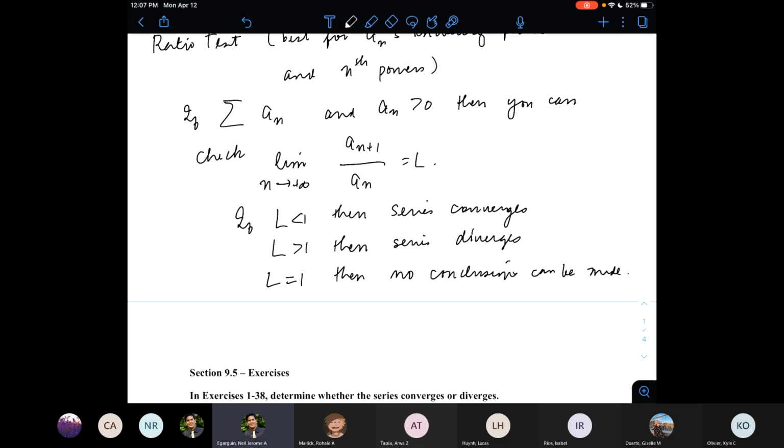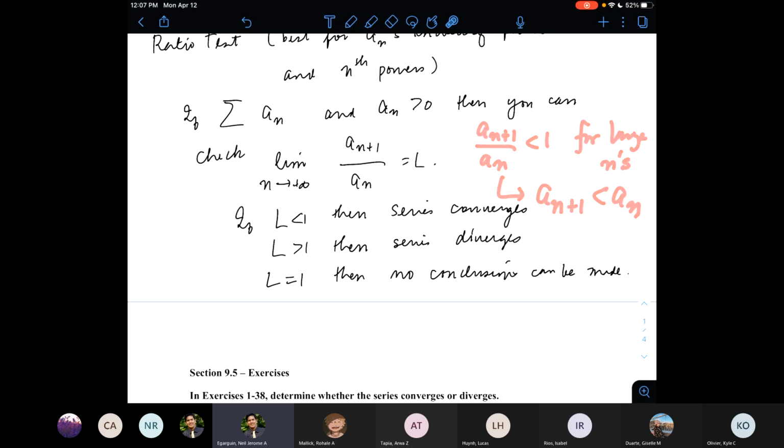Okay, let's see why, at least intuitively, the ratio test works like this. What happens when we say that the limit is less than 1? That means in the long run, A sub n plus 1 over A sub n would be less than 1 for large n's, right? So you can multiply both sides by A sub n, and you'll have A sub n plus 1 is less than A sub n.